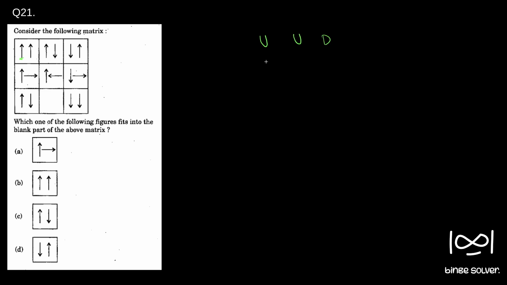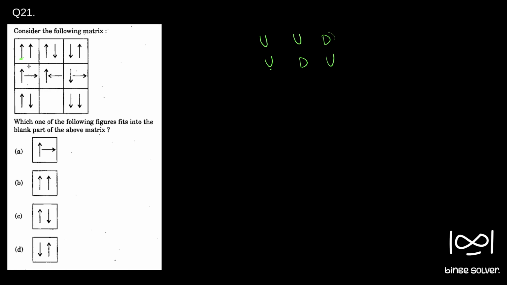For the second arrow, it is up, down, and up. So for the first arrow, the first two remain the same and then it gets reversed. For the second arrow, it first gets reversed, then again gets reversed.